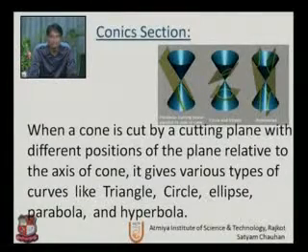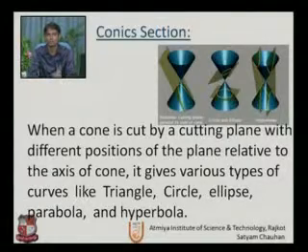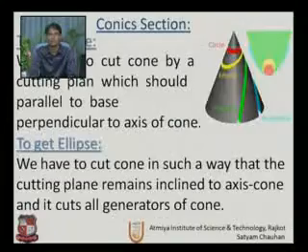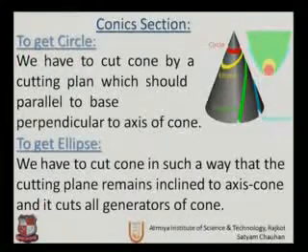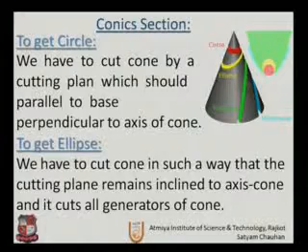What are those curves or shapes? They are triangle, circle, ellipse, parabola and hyperbola. So under what conditions do we get each shape from the cone? Let us see. If we want to get a circle, we have to cut the cone parallel to the base.